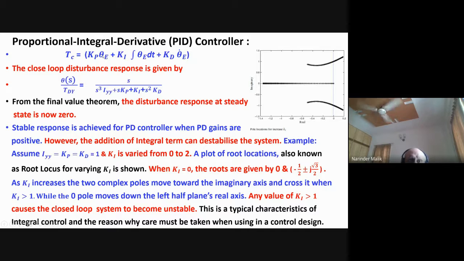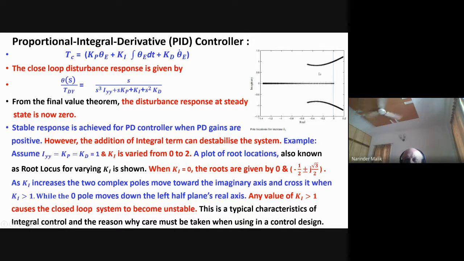But the addition of this term can cause instability. That instability means attitude error will grow with time. Let us take one simple example. Assume Kp is equal to Kd equal to 1, some hypothetical values just to explain, and Ki is varied from 0 to 2.